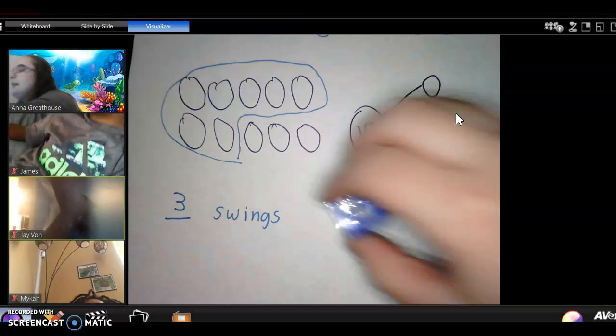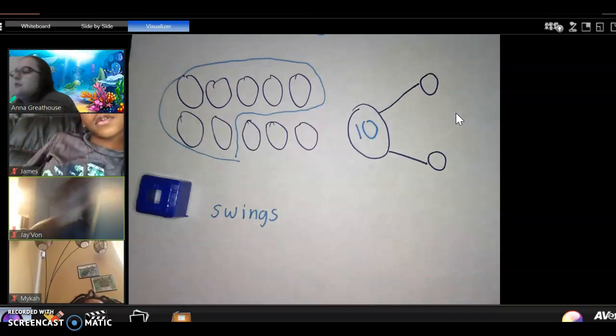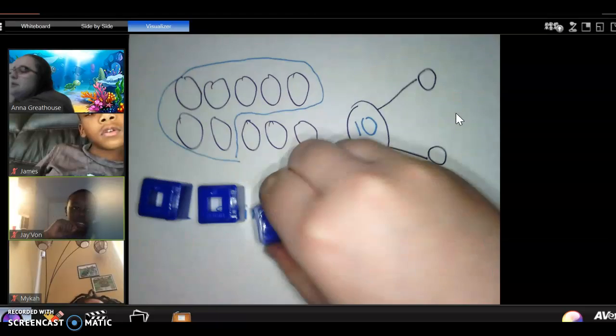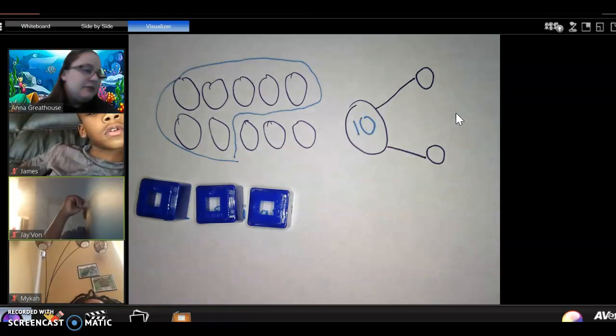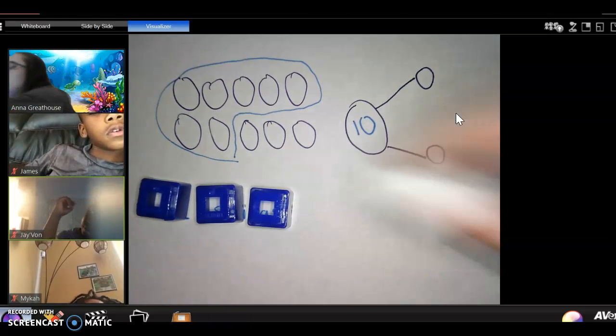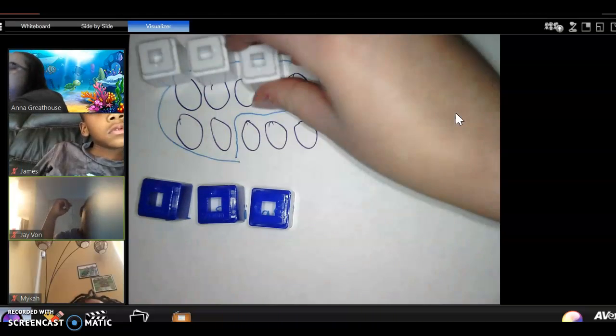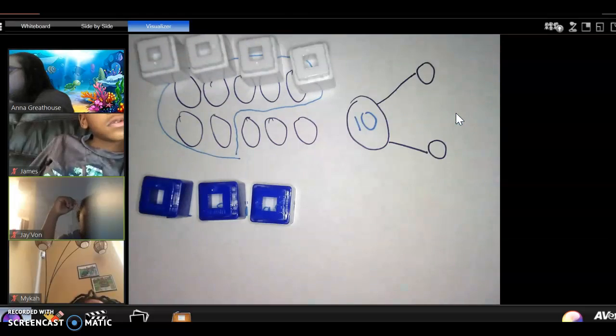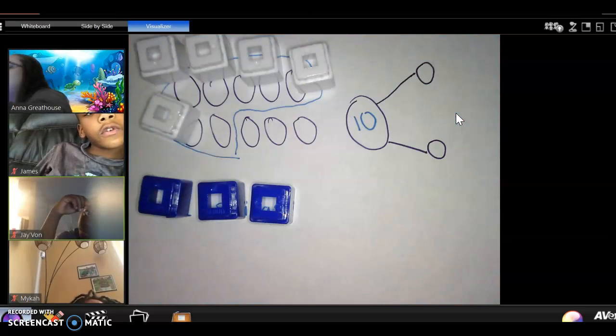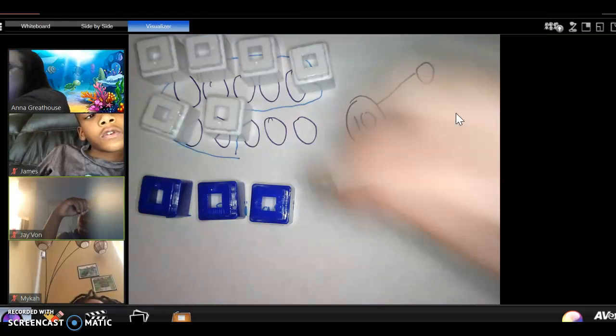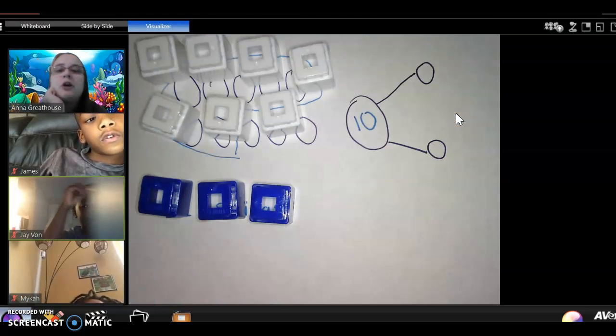So we had 3 swings that were empty, and we had 7 swings that students were using. So that gives us our 2 parts of 10.